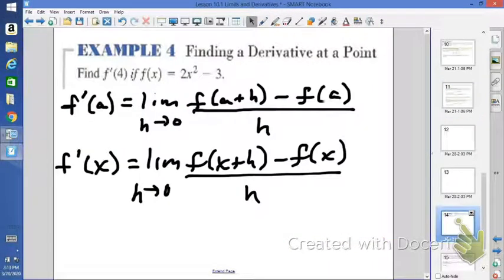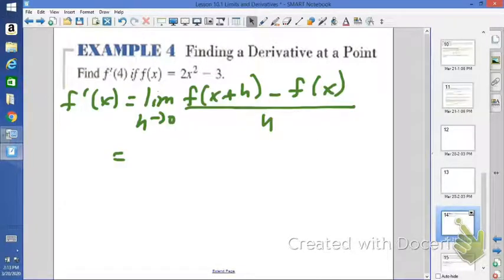So f prime of a, that's how we would pronounce that, equals the limit as h approaches 0 of f of a plus h minus f of a all over h. And I wrote underneath it how you would substitute in if the problem uses x's instead.